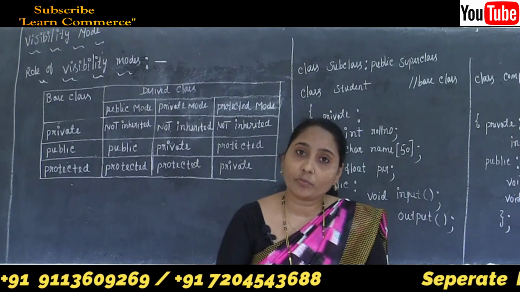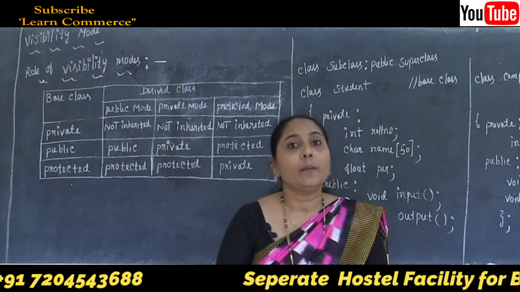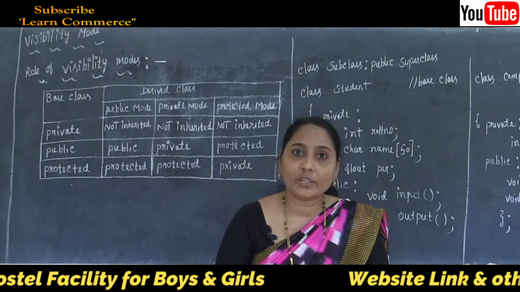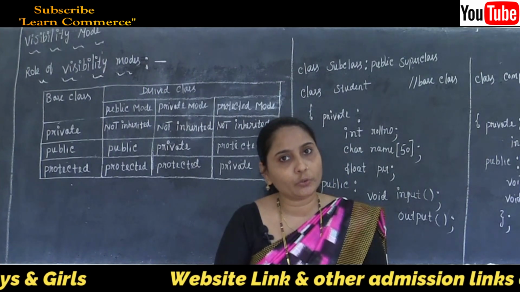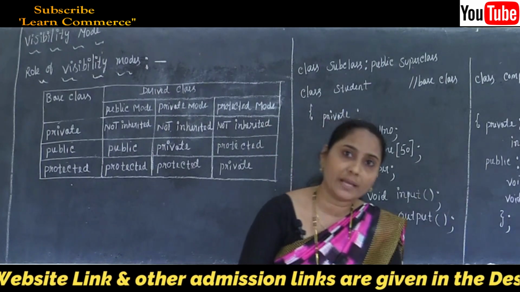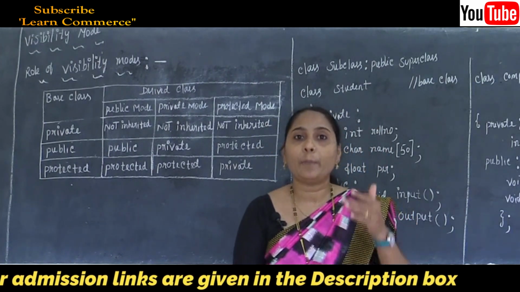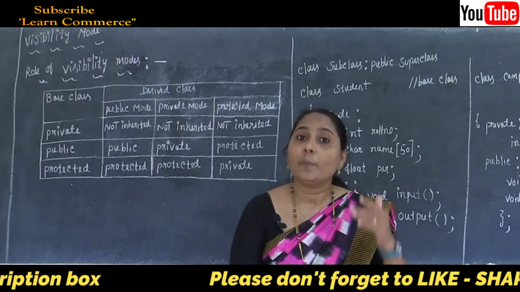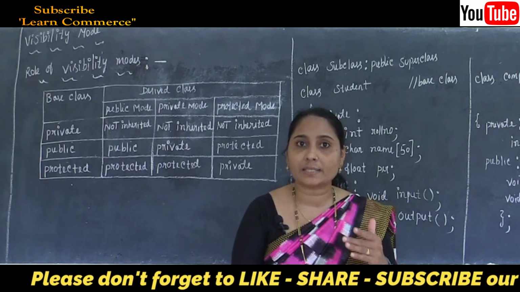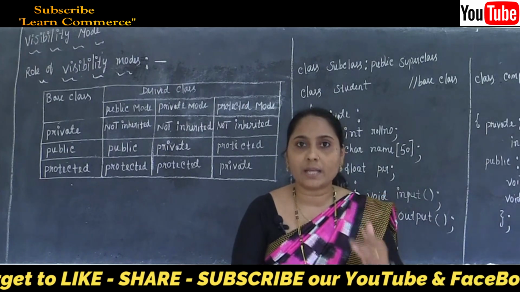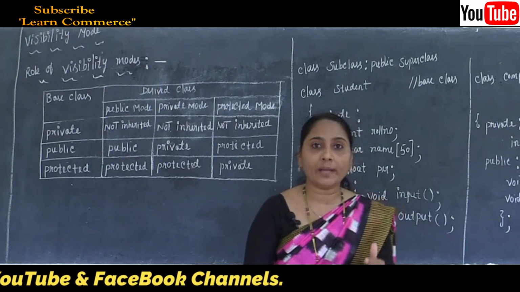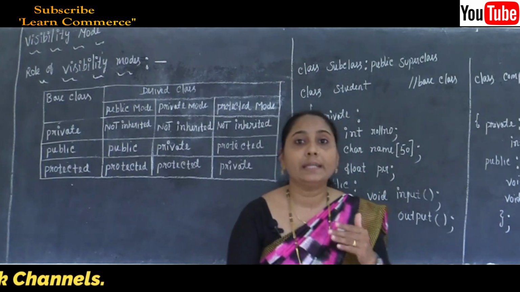Some of the visibility modes are public, private, protected. That means we are going to share the features to the derived class from the base class, maybe from the public side, maybe from the private side, or maybe from the protected side. So this is the definition of the derived class.